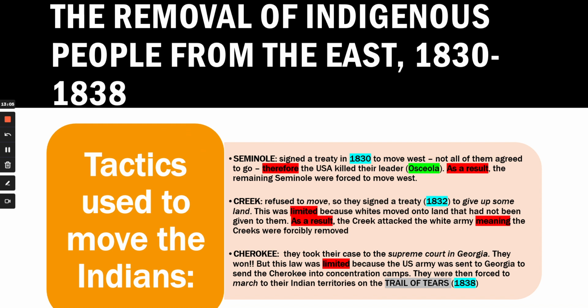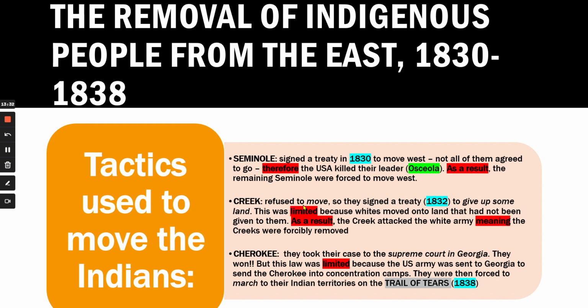Some of them went west, some of them stayed. So to make sure that all of the Seminole had moved west, the US Army captured and killed their leader, who was called Osceola. He is a really important guy. And because they killed their leader, the Seminole were forced to move west because they had no one else to govern them.